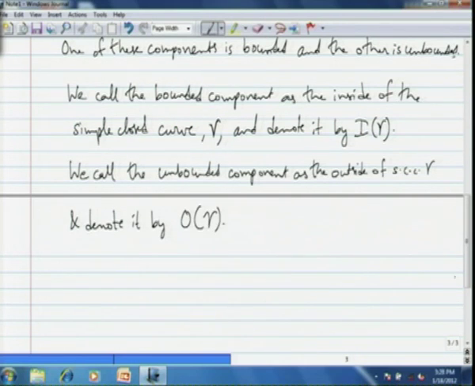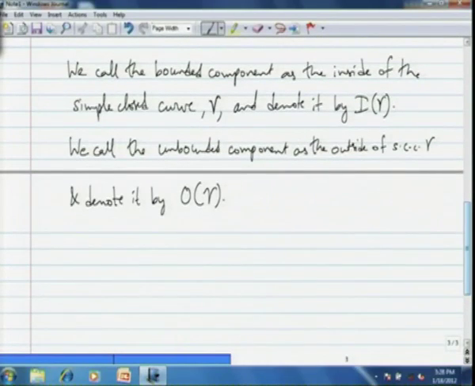and denote it by O of gamma. Now, we want to talk about the orientation of a simple closed curve.